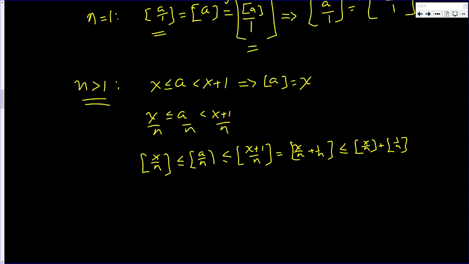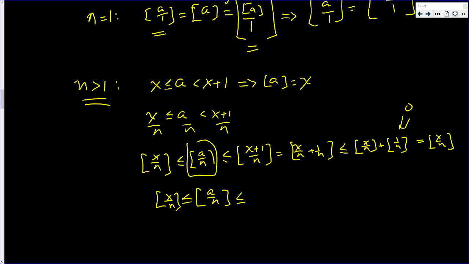But if n is bigger than 1, 1 over n is in between 0 and 1. That equals 0. So what we have is that this here is in between the greatest integer of x over n and the same thing, the greatest integer of x over n.